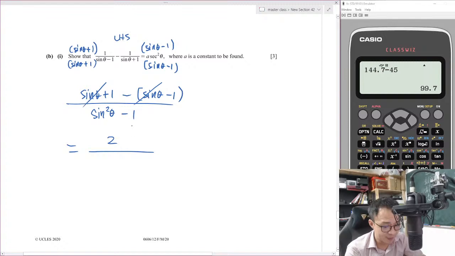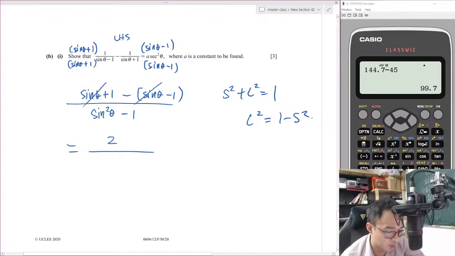Okay, so sine square plus cos square equals 1. Cos square will equal 1 minus sine square. This is sine square minus 1.